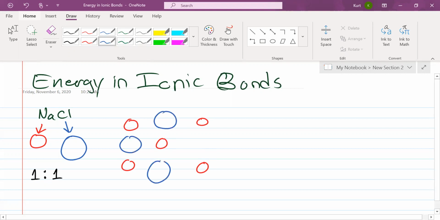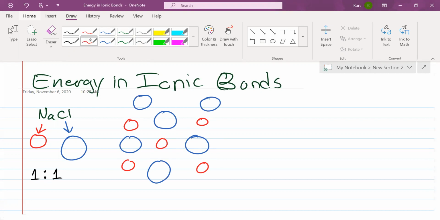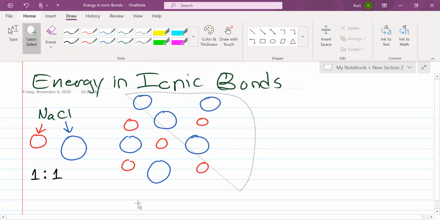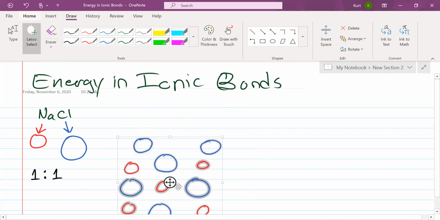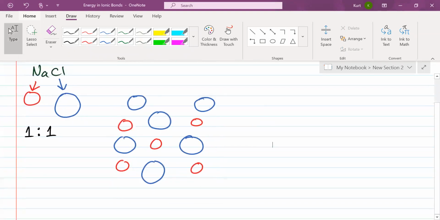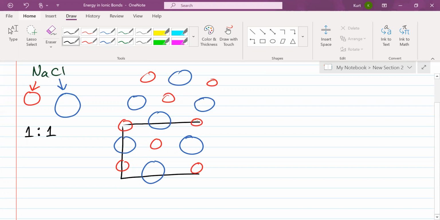In a 1-to-1 ratio. And this is actually going to be a cube. So let me see if I can give myself some room here. Pull this down. There we go. So just watch how I set this up, everyone, and you'll see how it's going to look. So you kind of see that this is going to be the face of the cube.